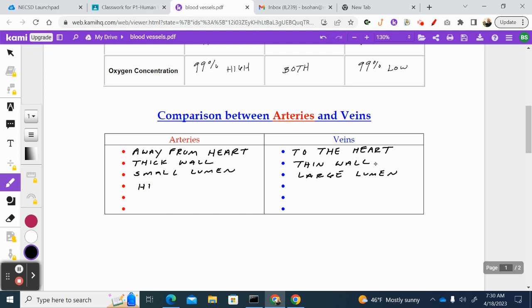High pressure. Low pressure. Lack valves. Have valves.